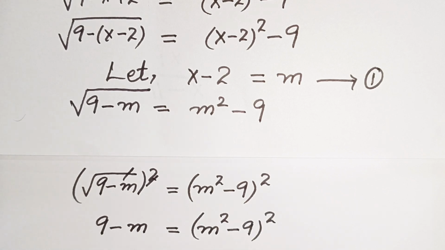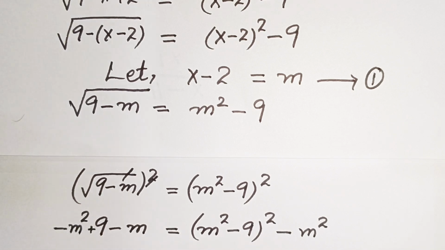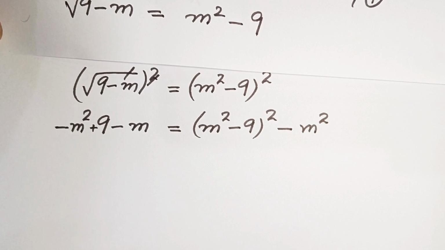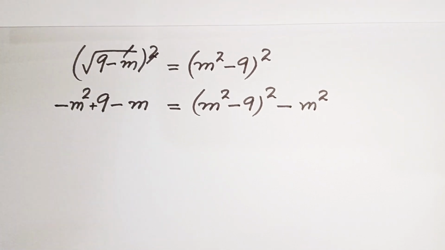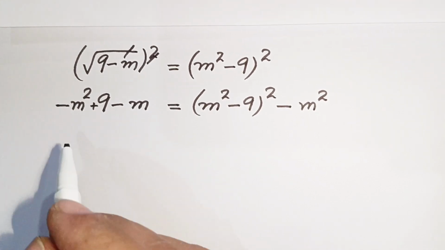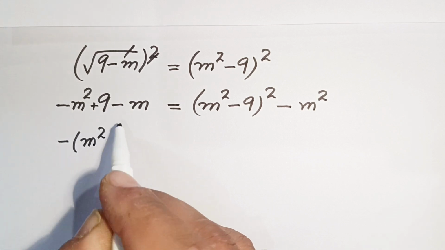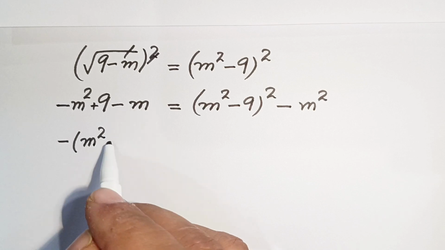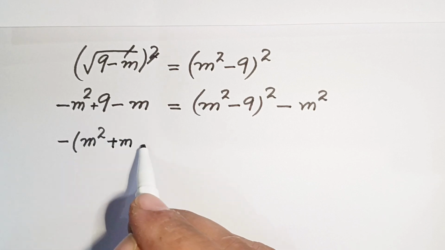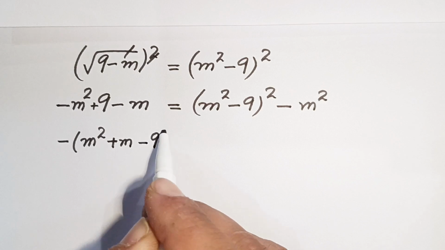Now if we subtract both hand sides by m squared, we write minus m squared, and similarly on our left hand side we put minus m squared. Now minus m squared plus 9 minus m, if we take minus common, we have m squared plus m minus 9.